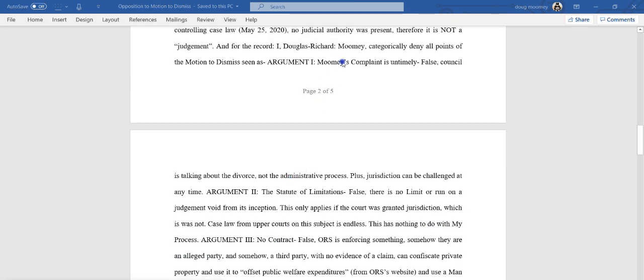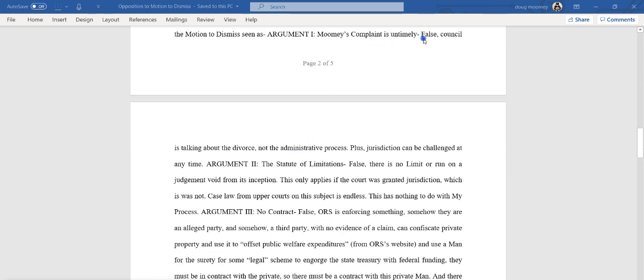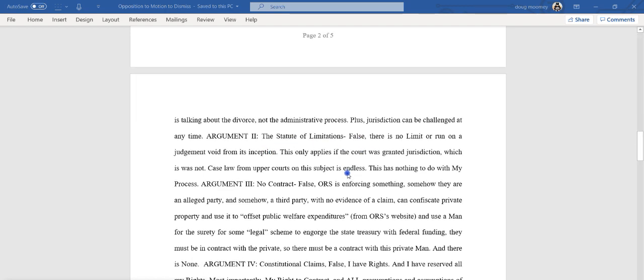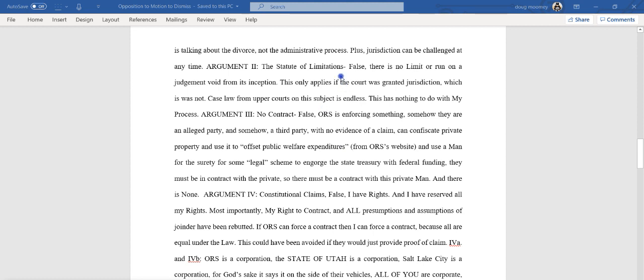So what did they come at me with? It's untimely. Wrong. You're talking about the divorce 15 years ago. I'm not talking about that. I'm talking about the administrative process. Statute of limitations. False. It doesn't, all of a sudden after 10 years, become lawful. Now it's legal? No, it doesn't work that way.